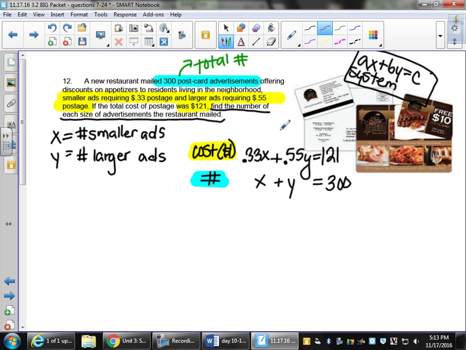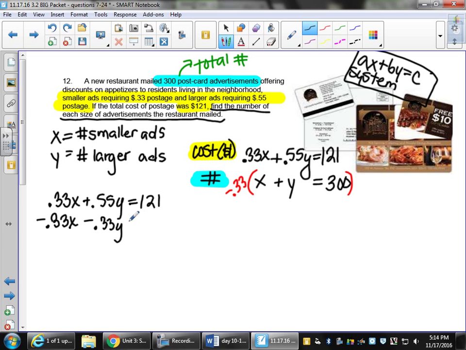I choose to have x's cancel, so if this is a positive 0.33x, I need this to be a negative 0.33x, so I'll multiply the entire second equation by negative 0.33. My new system will be 0.33x plus 0.55y equals 121. That did not change. But my second equation now becomes negative 0.33x minus 0.33y equals negative 0.33 times 300, which is negative 99.